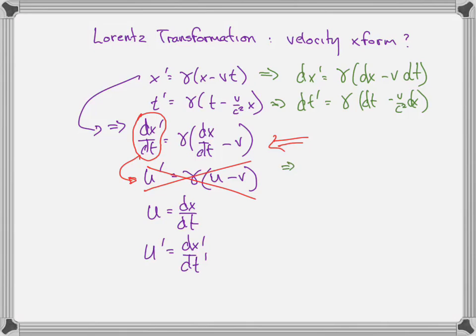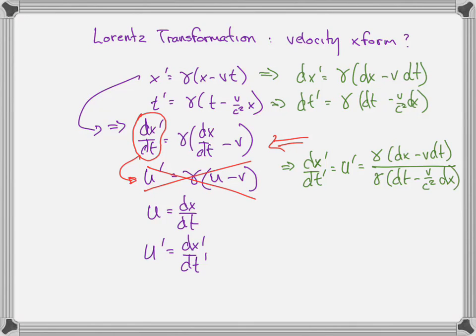So therefore, dx'/dt', which is u', is equal to gamma (dx minus v dt) divided by gamma (dt minus v over c squared dx).